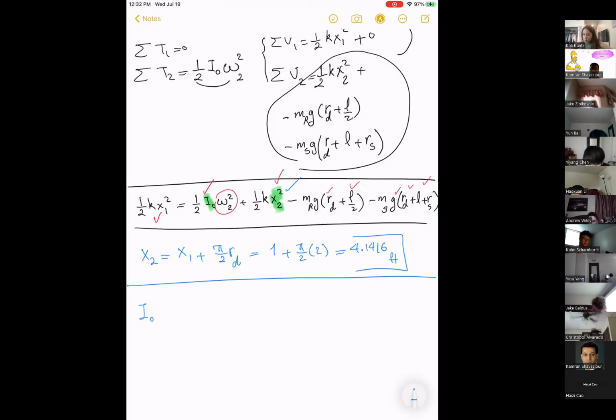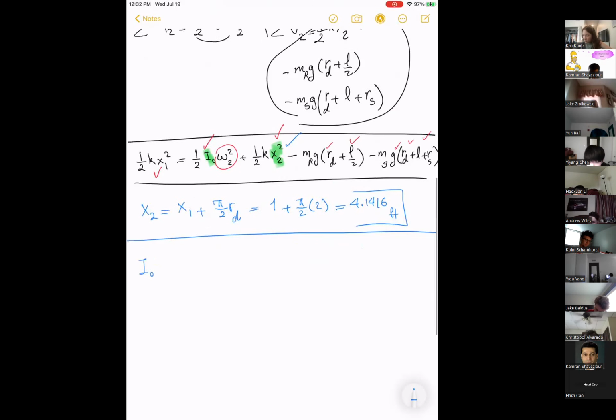I'm going to redraw the geometry here to see what kind of things we are dealing with. We have a disk, we have a rod, and we have a sphere, right? And I want to find I about O. So this is disk, this is rod, and this is a sphere.